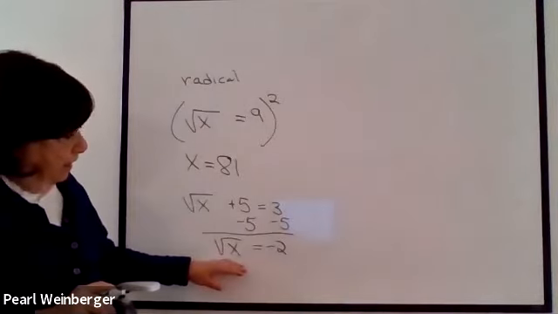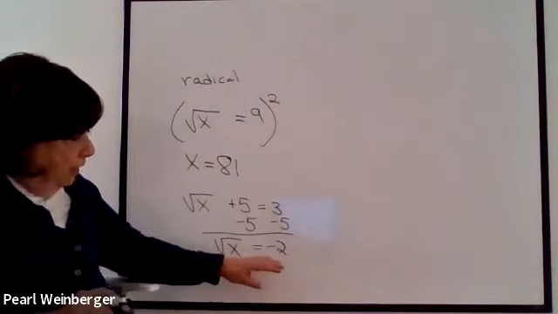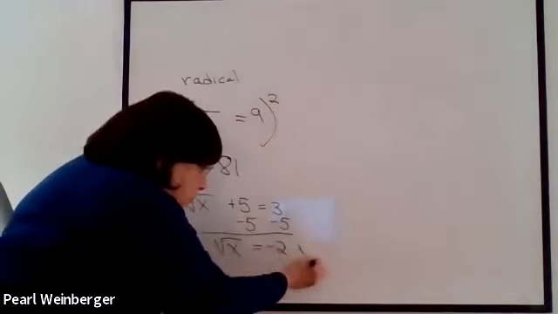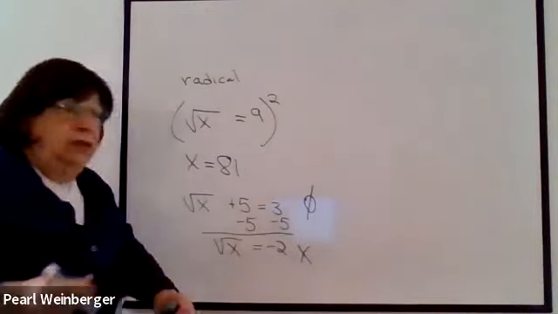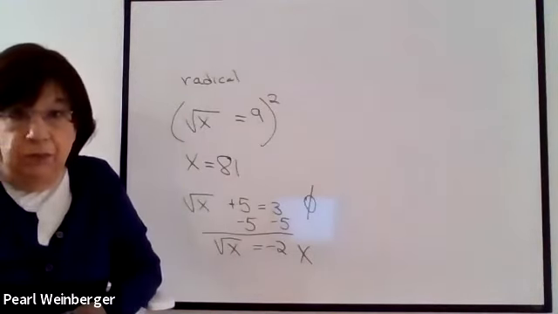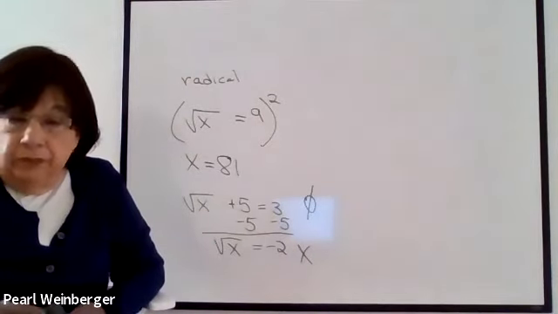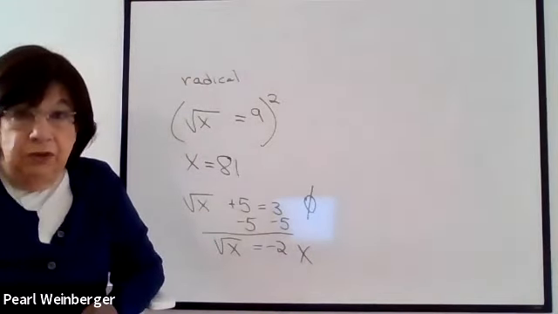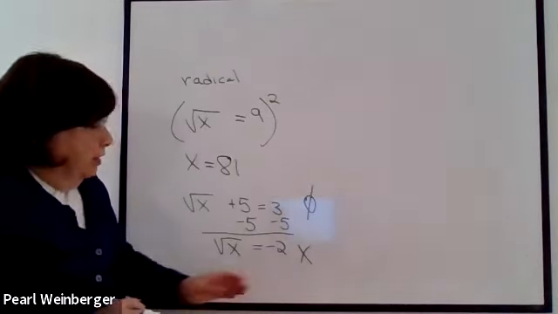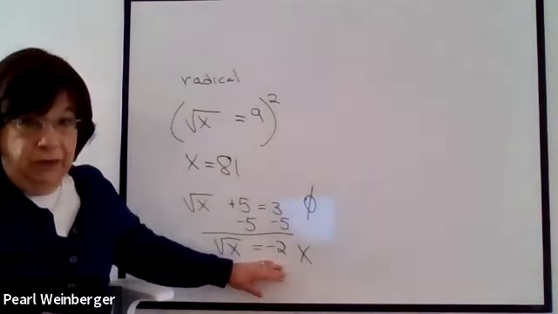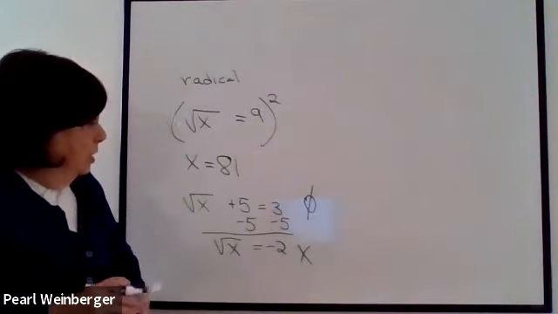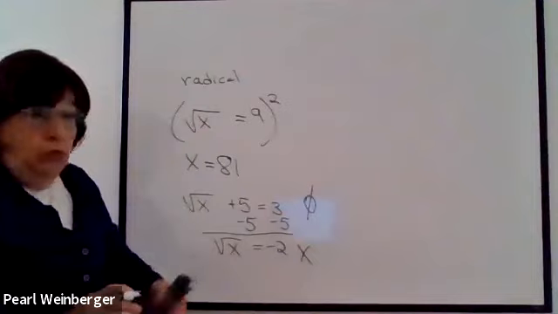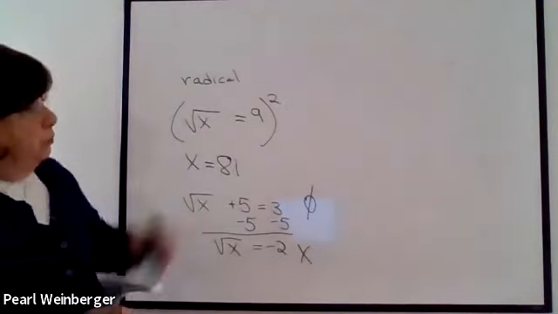So therefore, I can't have the square root of x equaling -2. This has no solution. Remember, either it says no solution or you put that no solution symbol down. So this is something we have to be aware of. Well, I want to do one more example and then give you one to try.